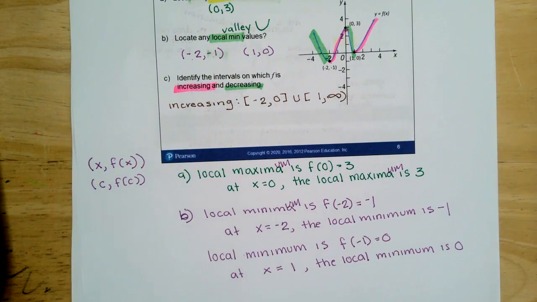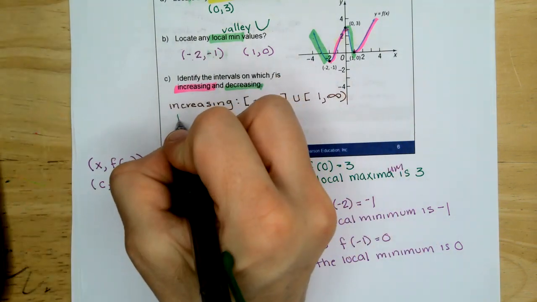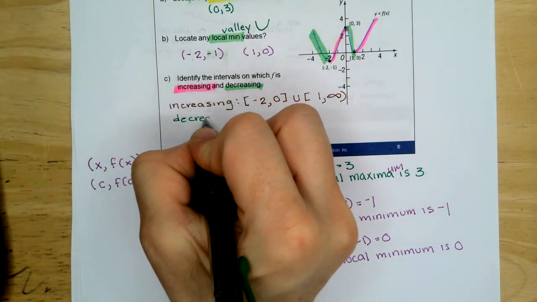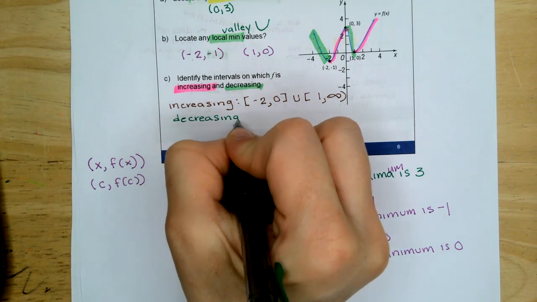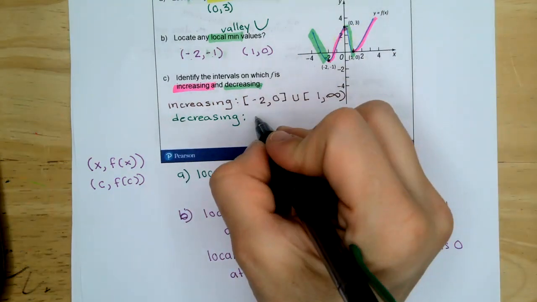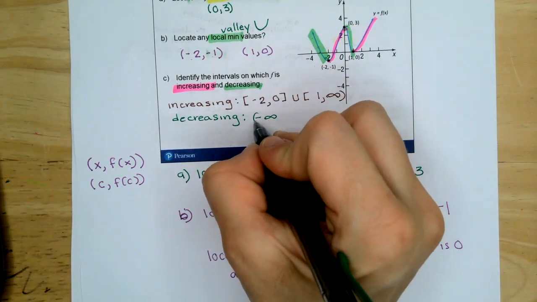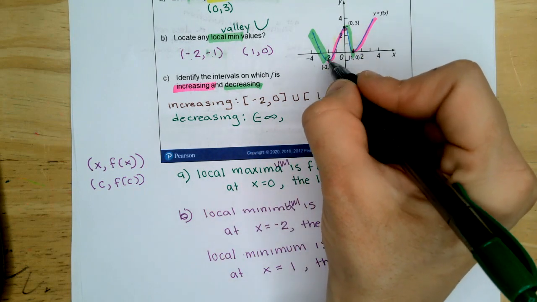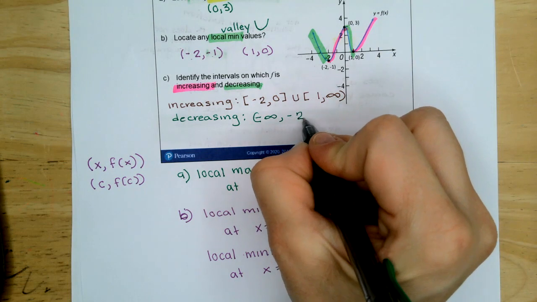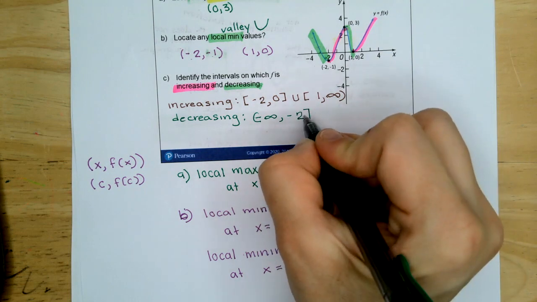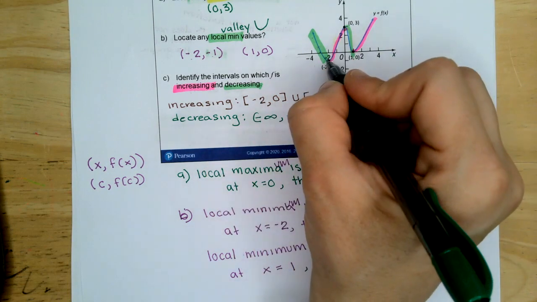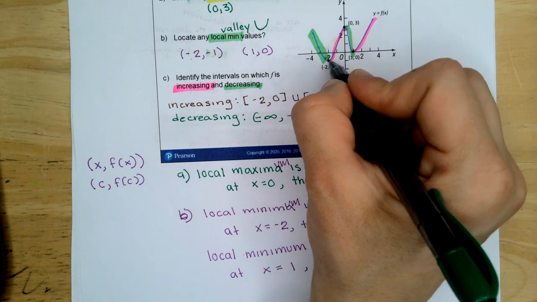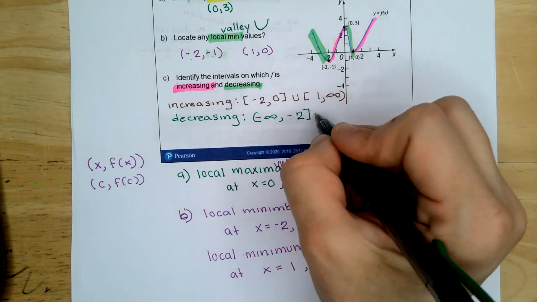And then let's do decreasing. It's going to be decreasing from -infinity until x equals -2, right? You can include -2 in decreasing and in increasing because we're comparing it on this side, it's decreasing, on this side, it's increasing, so that's okay.